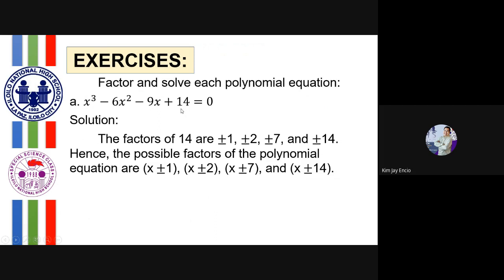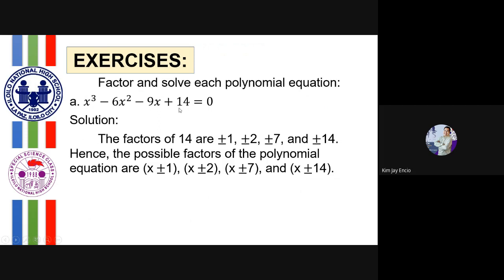14. We know that the factors of 14 are 1, 2, 7, and 14. But how come I included the plus minus in front? Why is that so? Because for example, 14 could be positive 1 times positive 14.